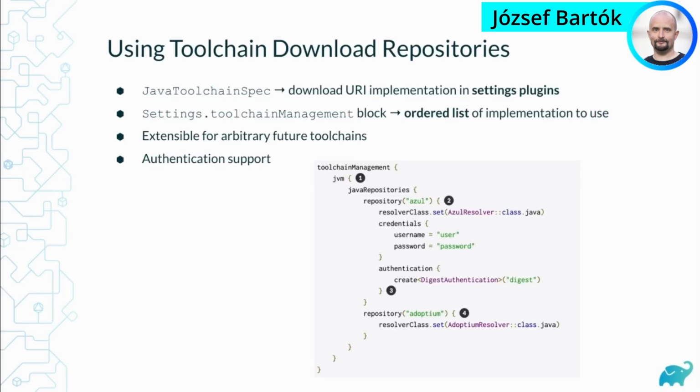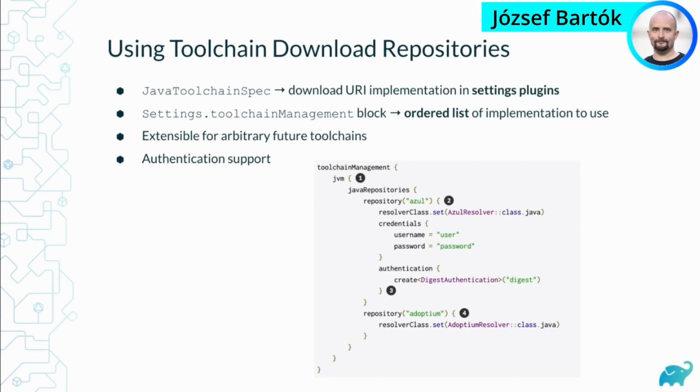What these plugins provide, the repository definitions that are provided, are basically a mapping from a toolchain specification to a download URI. You also have at settings level a definition, which you can see on that code snippet, where you can declare an ordered list of such repositories, because the order of it matters.